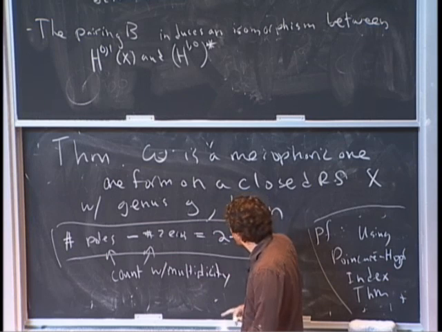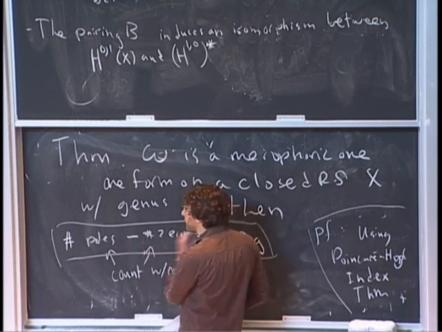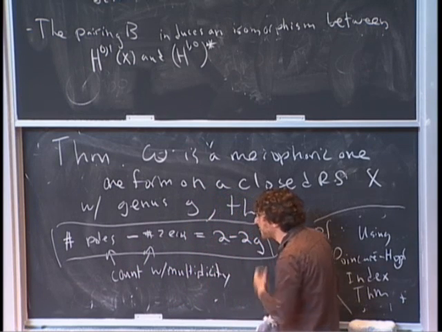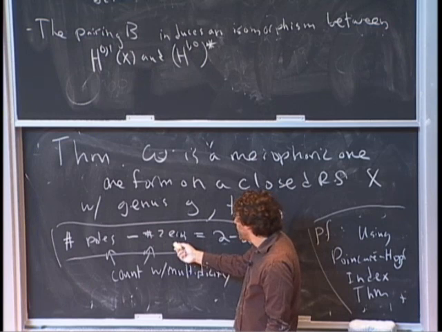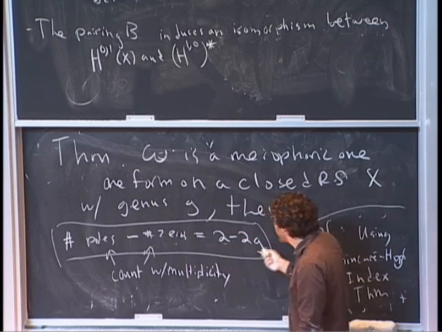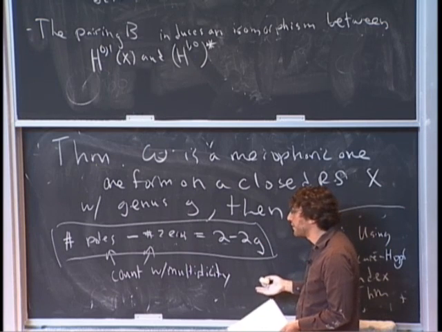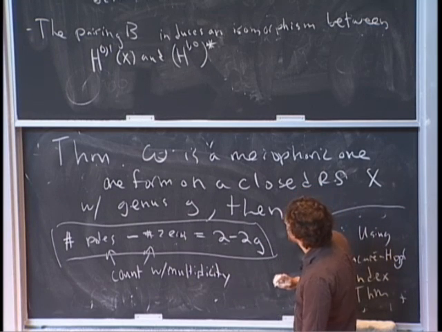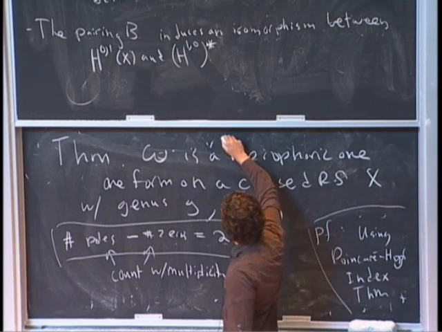What you often use this for is to say, suppose I have a holomorphic form and I know that it has a lot of zeros. If it has more zeros than this formula says it can have, then the only way that can happen is if it is identically zero.